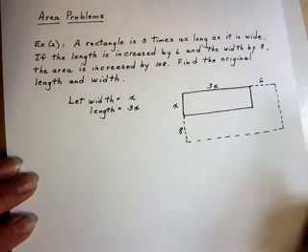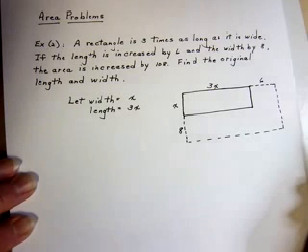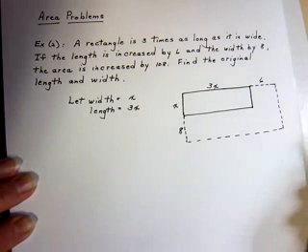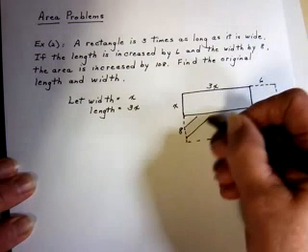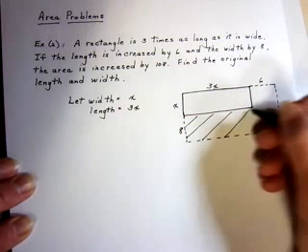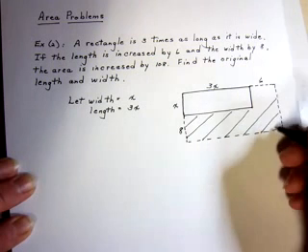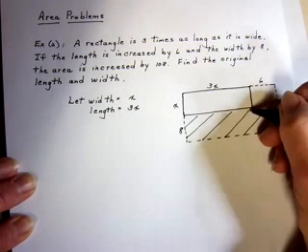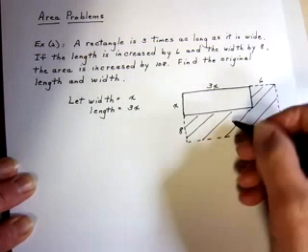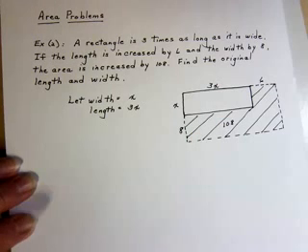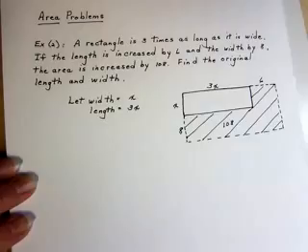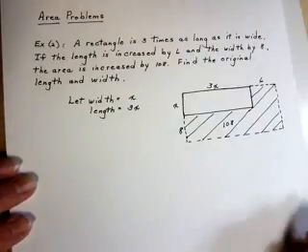All right, we have a new rectangle, and they tell us that this additional area is 108, inside the shaded area. All right, this diagram will help us set up the equation.